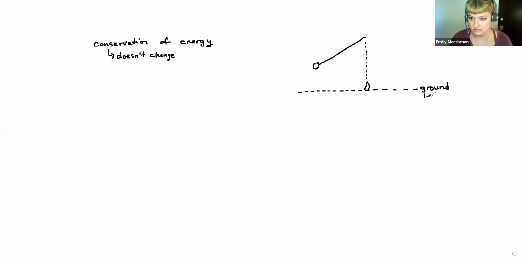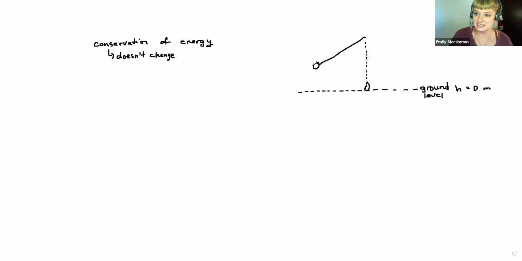Ground level means that the height is equal to 0 meters. So you pull the swing back, and the child is up here.